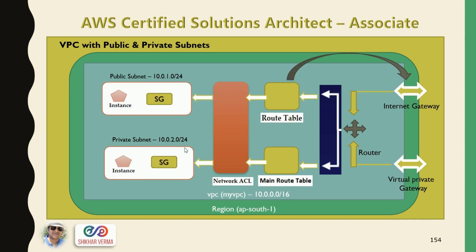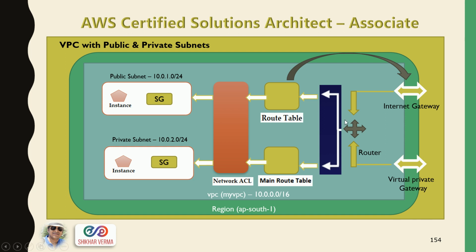So the best approach is that this is your main route table, and this is another route table. So what I'm going to do here, I'm going to create another route table, right? And I'm going to create one internet gateway, and this internet gateway I'm going to attach with this route table.